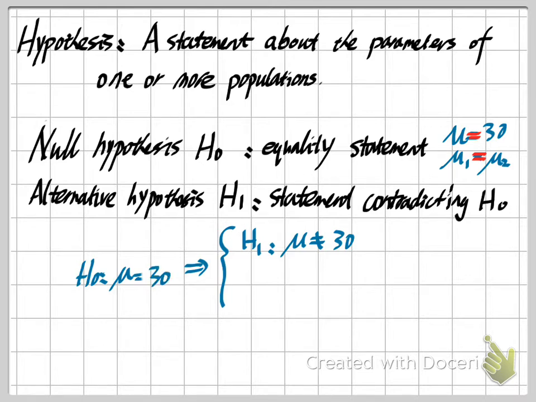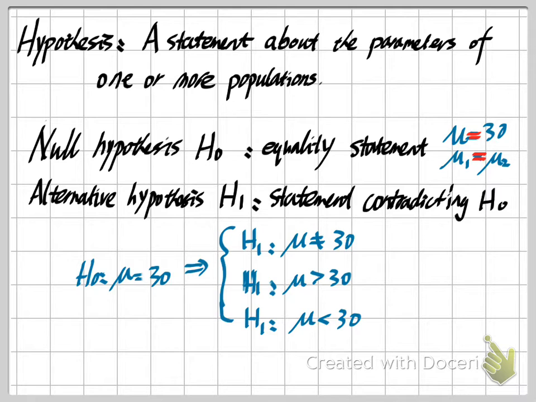The second is that the mean is strictly greater than 30. And another choice for our H1 is that the population mean mu is smaller than 30. So here we have three different cases to contradict our null hypothesis.